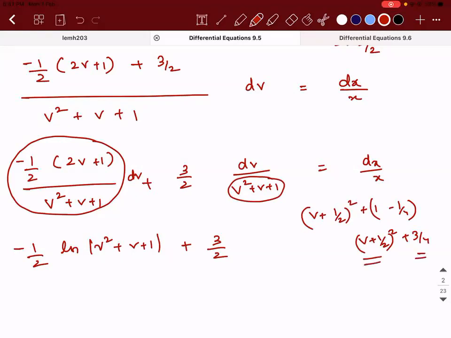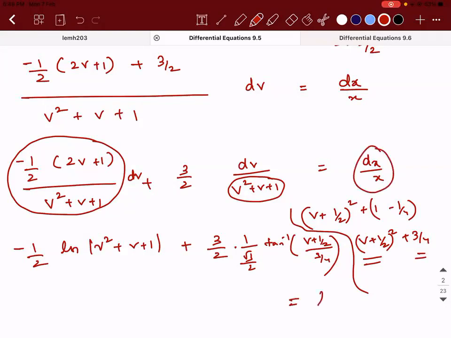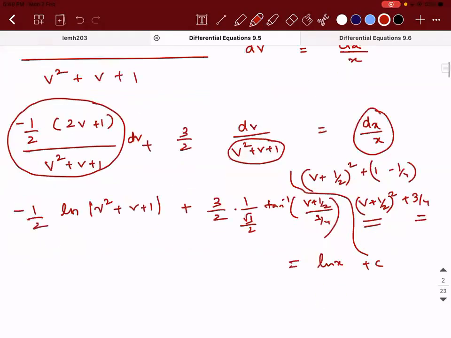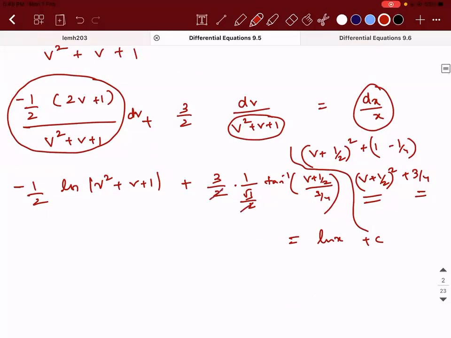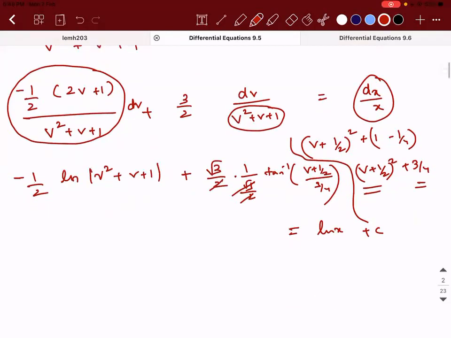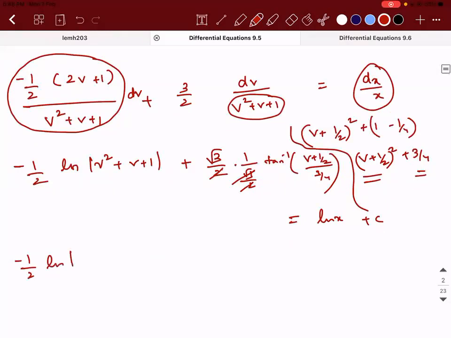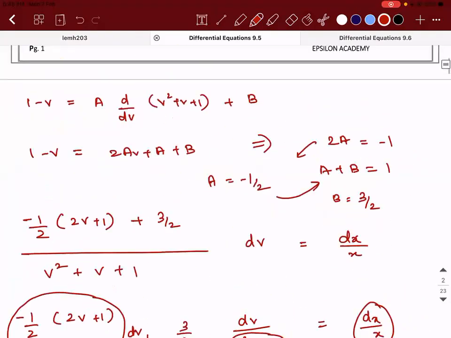So 1 by x square plus a square is how much? 1 by a tan inverse of x by a. Right side will be ln x plus c. So 2 and 2 will get cancelled, and this root 3 will get cancelled like this. So minus half into ln of v square plus v plus 1, plus root 3 into tan inverse of, in the place of v, what am I going to do?